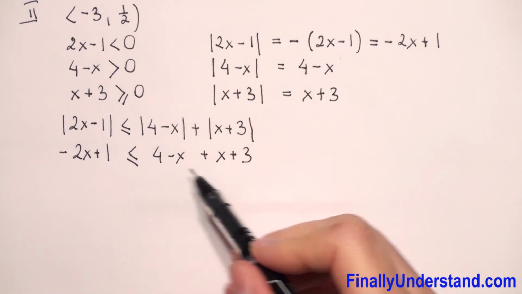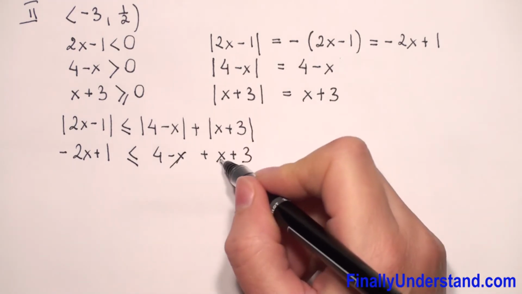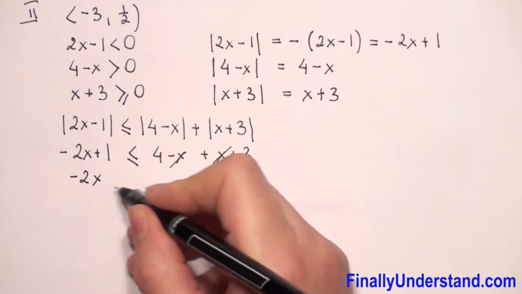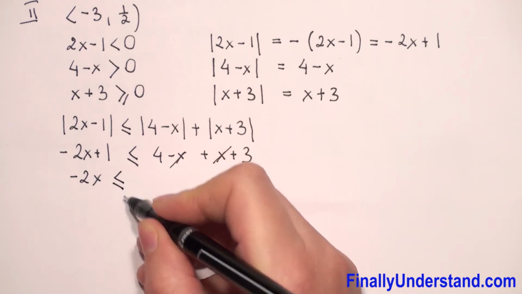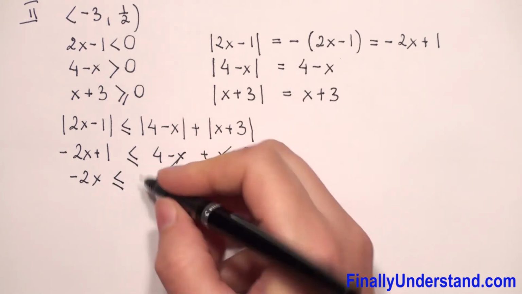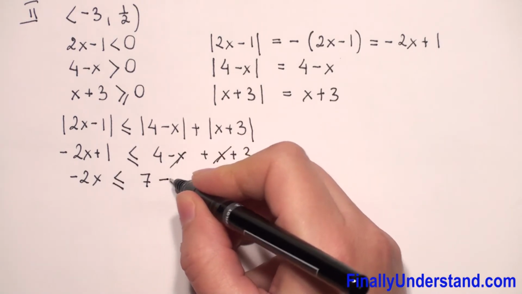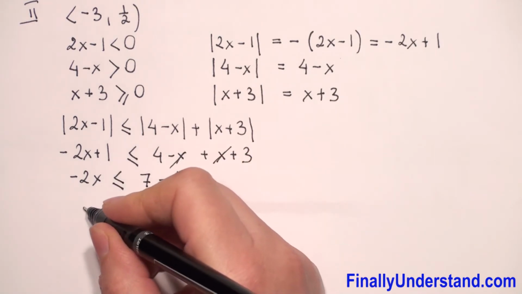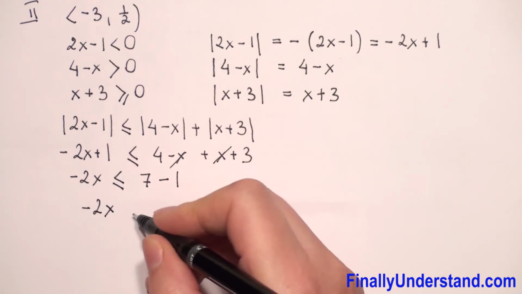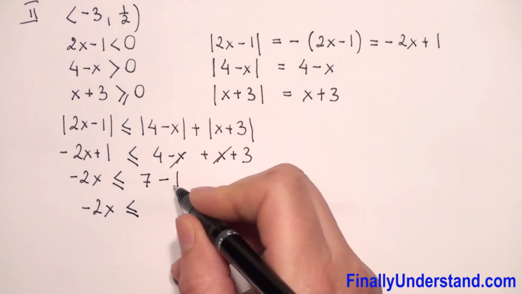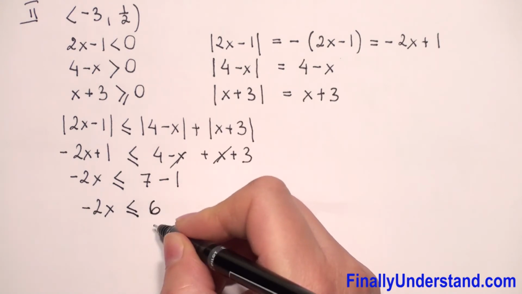So we see negative x plus x will cancel, and we have negative 2x is less than or equal to 4 plus 3, which is 7, and when I move positive 1 to the right side it will be negative 1. So negative 2x is less than or equal to 7 minus 1, which is 6.